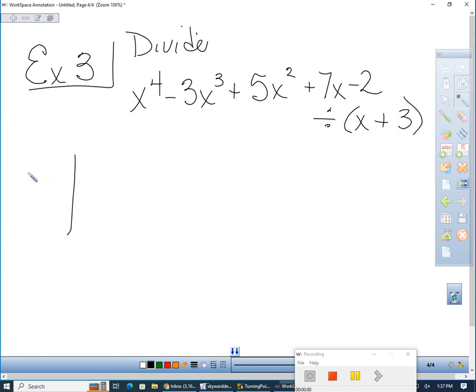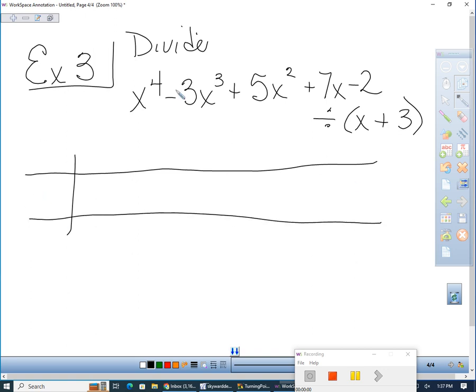All right, so we're going to do a long one-sided tic-tac-toe. Coefficients go across the top. We have 1, negative 3, 5, 7, and negative 2. On the outside, negative 3. Do we have any questions on how I just set that up?